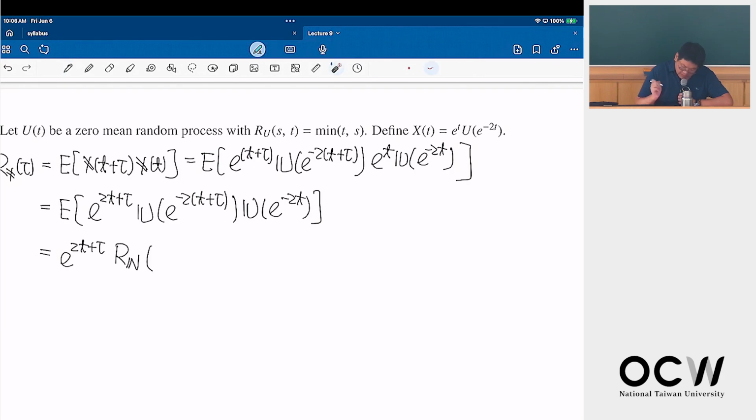And here's the autocorrelation of u. It's the mean of t or s. So it's either this one or this one: e^(-2(t+tau)) or e^(-2t).